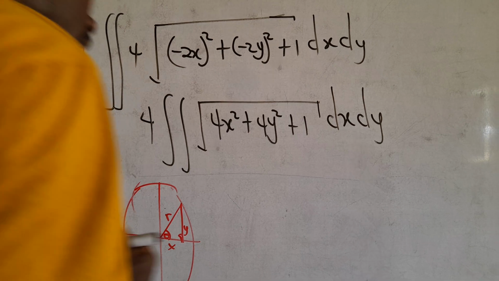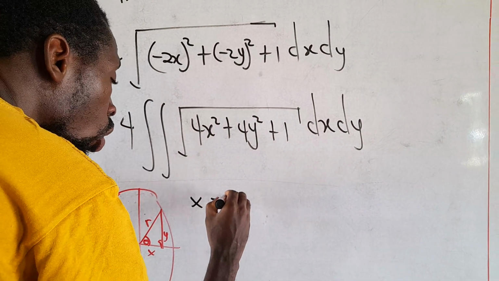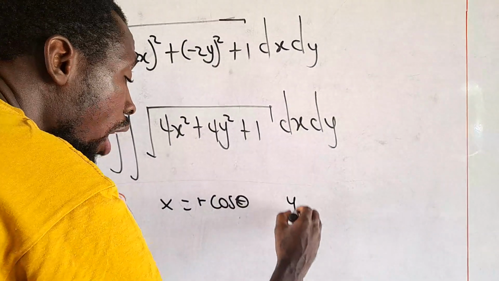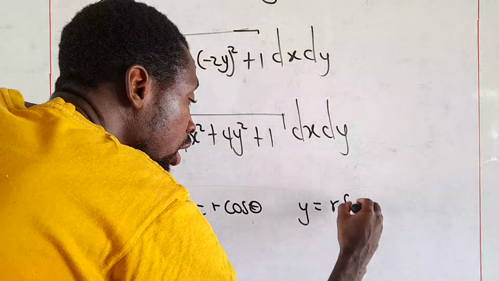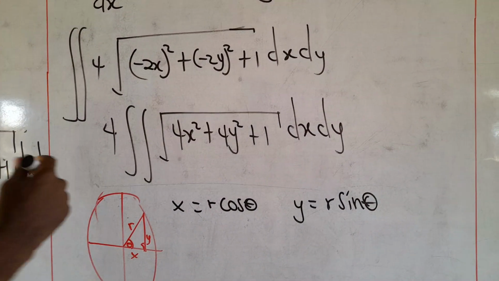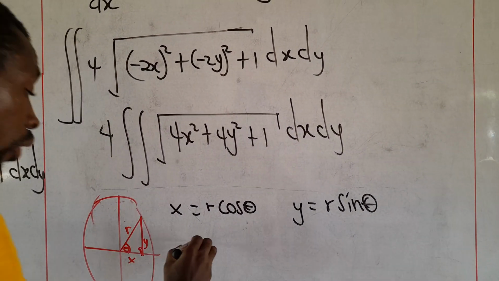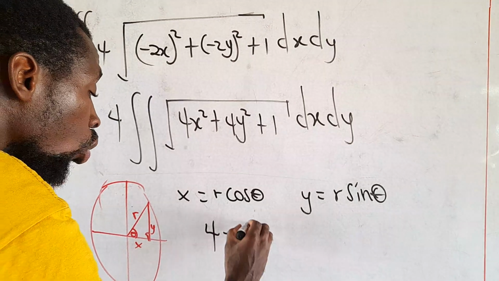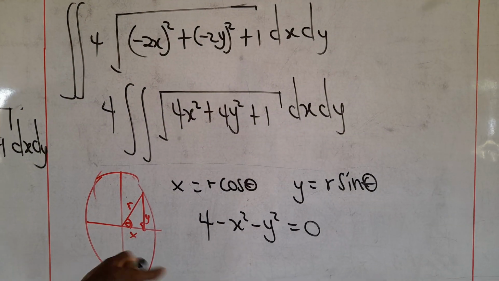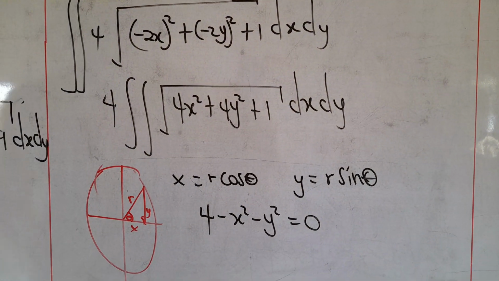And remember, we said that our x will be equal to r cos theta, and our y will be equal to r sin theta, if you recollect very well. And also, since our equation of the curve is 4 minus x squared minus y squared, we can just equate that to 0. So we know that r goes from 0 to a certain value.